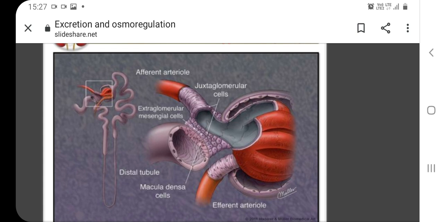This structure or association acts like an endocrine gland secreting the hormones which, detecting the blood pressure, blood volume, and the electrolyte balance, can cause the constriction of afferent arterioles or relaxation of the arterioles, thus changing the glomerular filtration rate.